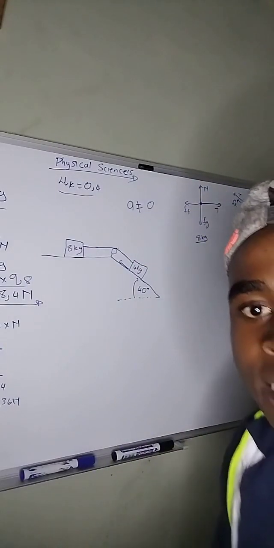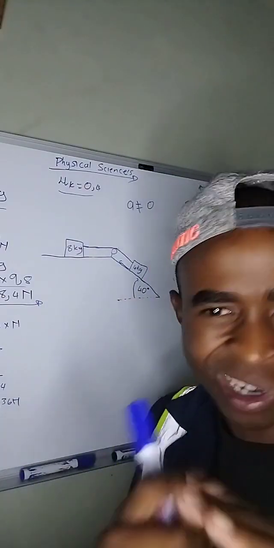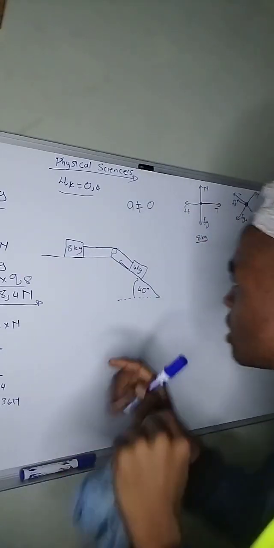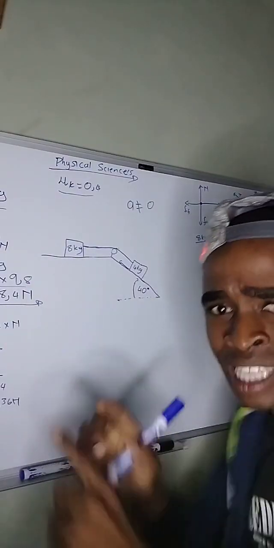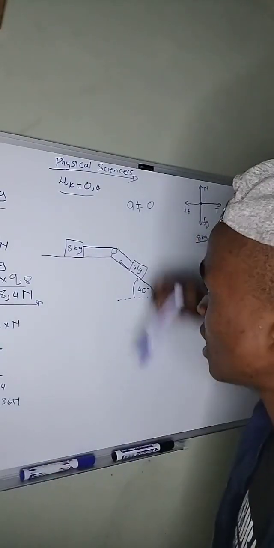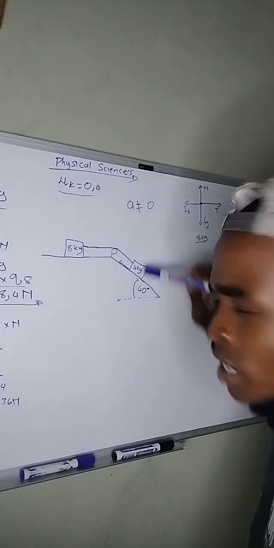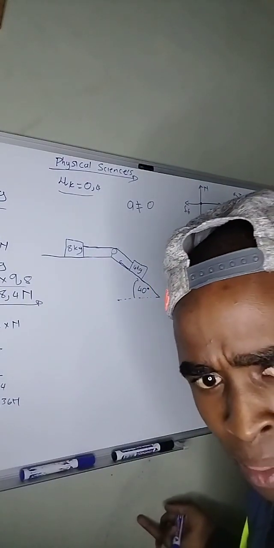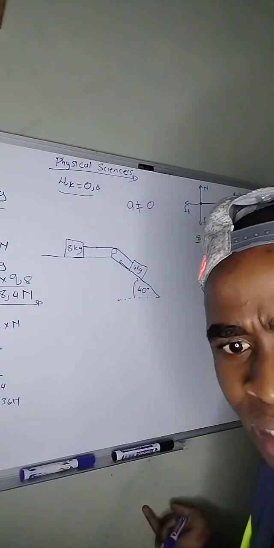And guys, can I get a yes or no? It's very important for me to know this. Is the acceleration of 8 kg different from the acceleration of 4 kg? Is it different?